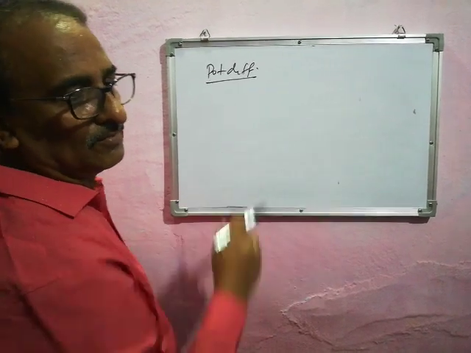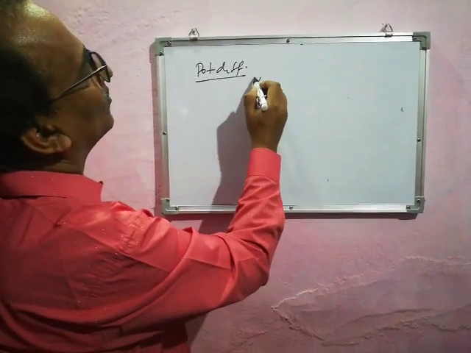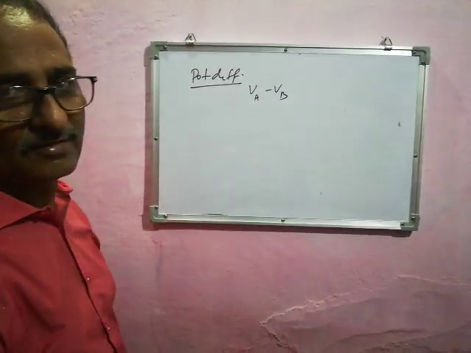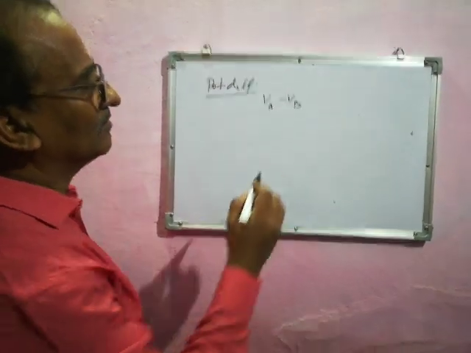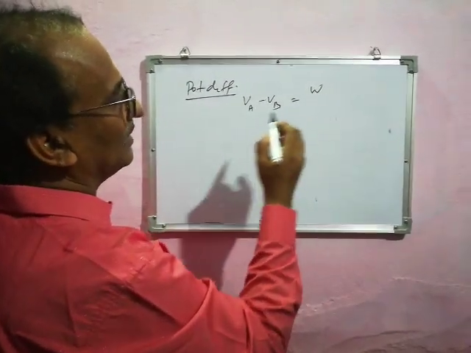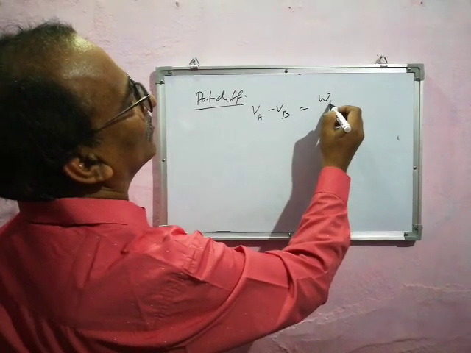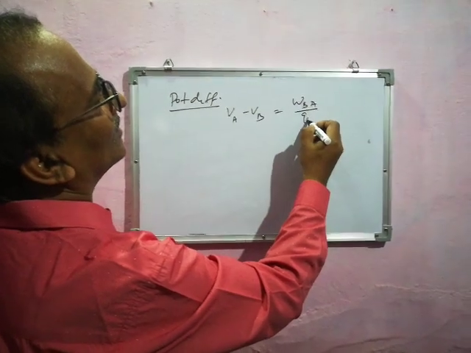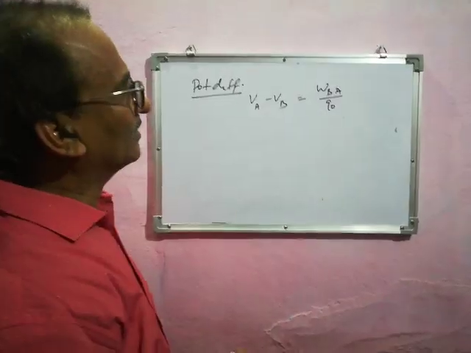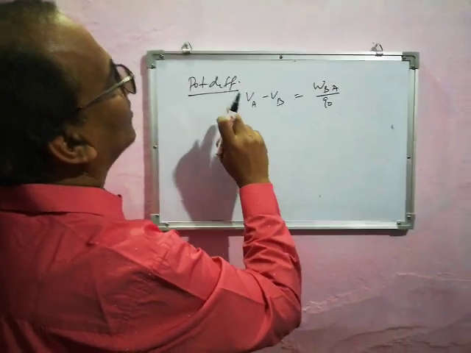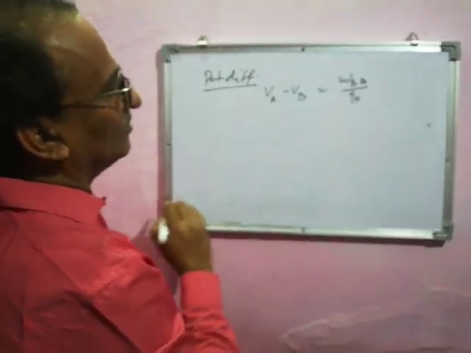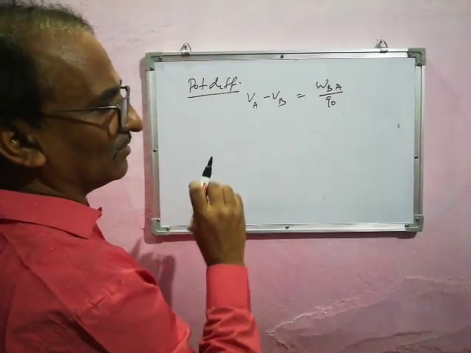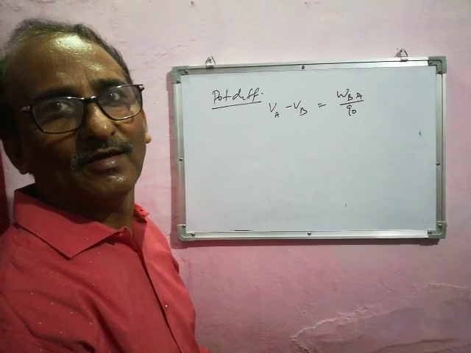The potential difference between two points A and B is defined as the amount of work done in moving a unit positive charge from one point to another without acceleration and against the force of the electric field. So the potential difference is mathematically expressed like this. You can find the expression for the potential difference in the same way as we have deduced the expression for the electric potential.